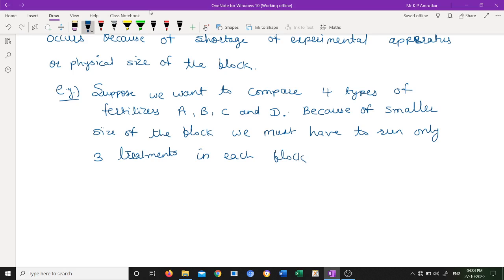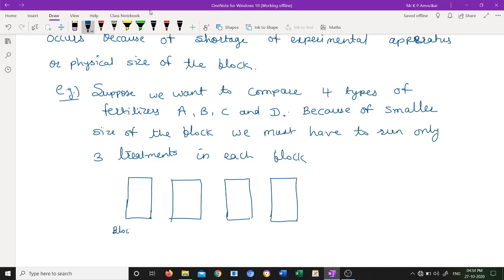Suppose this is the layout of this design having 4 blocks: block number 1, block 2, block 3 and block 4.